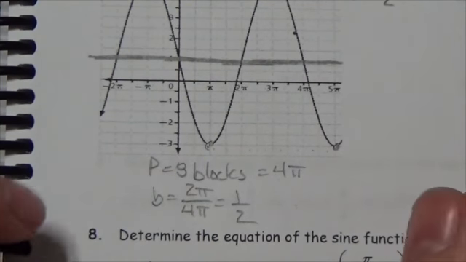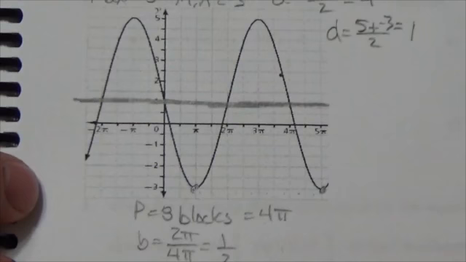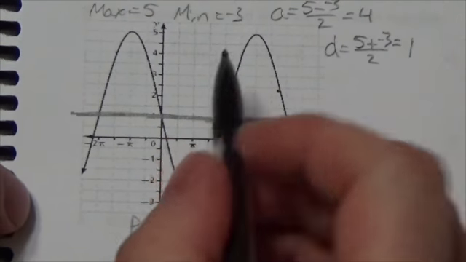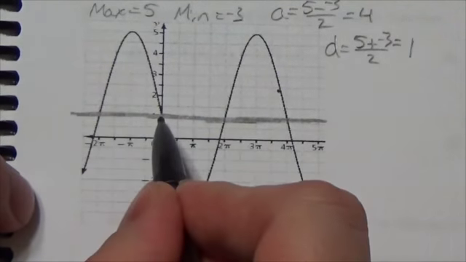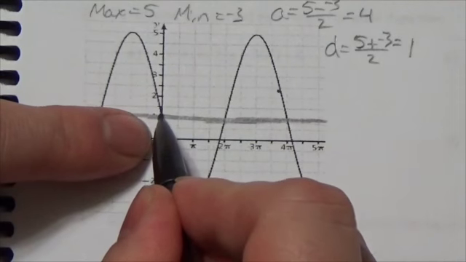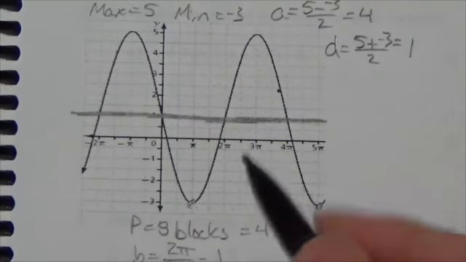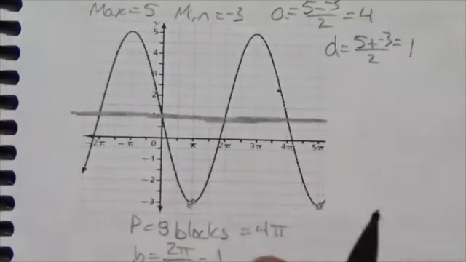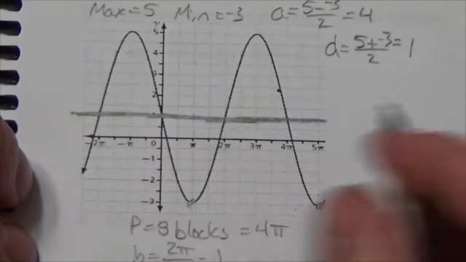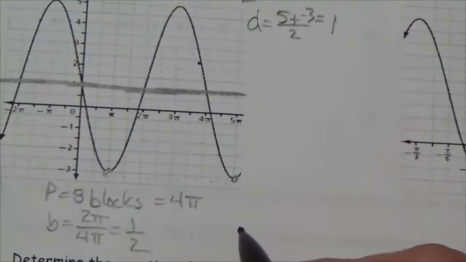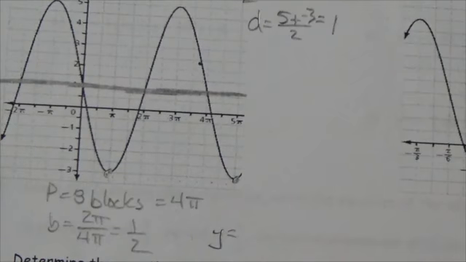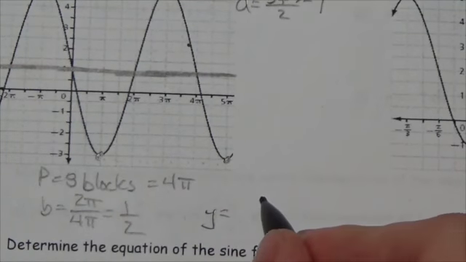Great. Now I've got almost everything I need for this particular equation, except I need to know what my phase shift is. Now, for a negative sine graph, I start at the center and go down. Now look at that. That's right there on the y-axis. This one is perfect. There has been no translation. So my equation is going to be y equals, my a value was 4. Oh, sorry, it'll be negative 4.